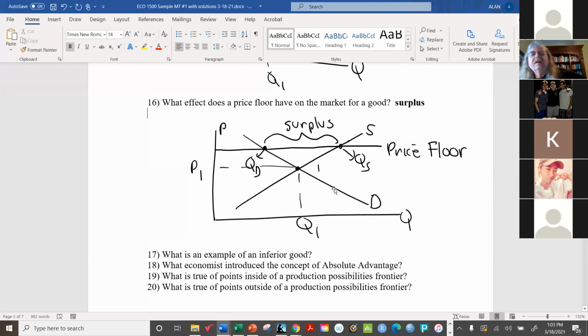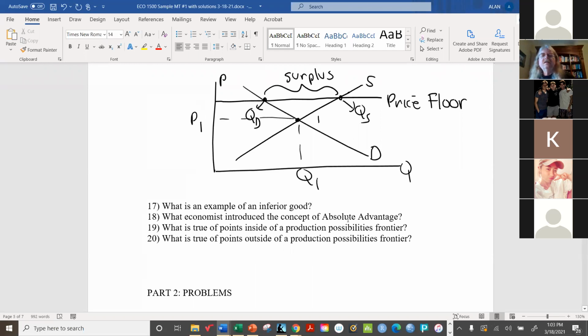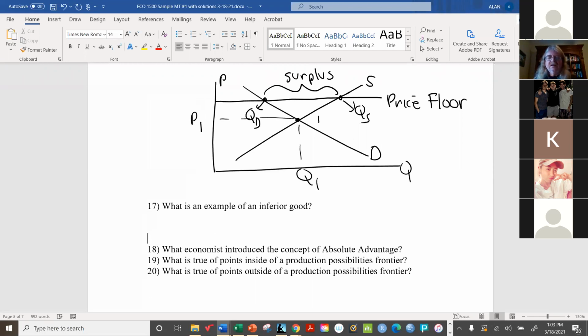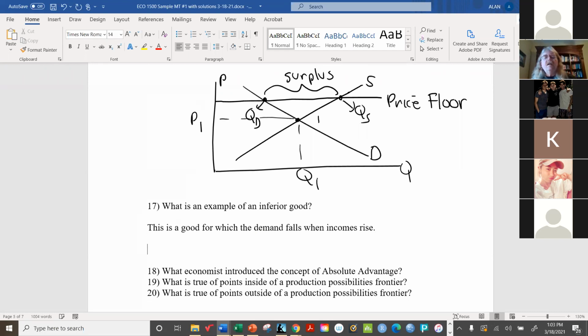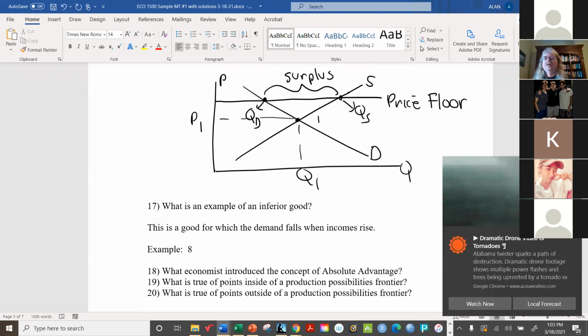Okay, thank you, everyone. Now, an inferior good, very simply, this is a good for which the demand falls when incomes rise. And so again, you don't need an example, but I'm going to put one in here anyway. Our old friend 87 grade gasoline.